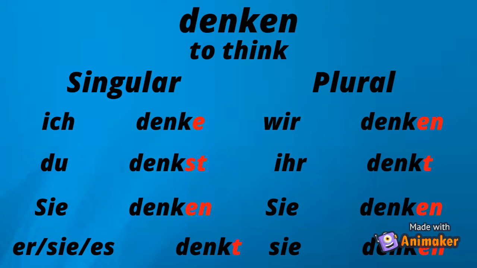It is now time to conjugate some irregular verbs. The first verb is denken, that means to think. And the conjugations are ich denke, du denkst, er/sie/es denkt, wir denken, ihr denkt, Sie denken, sie denken.